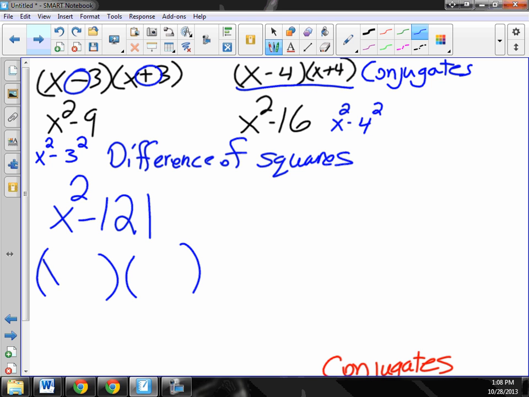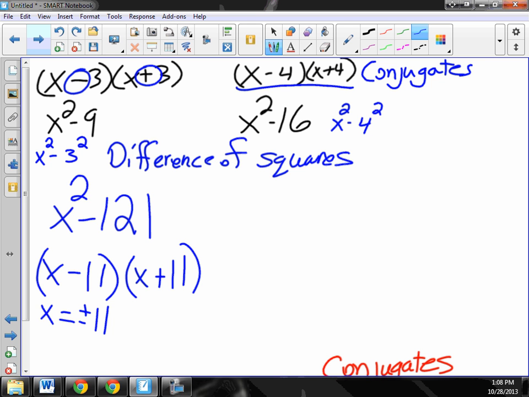So x minus and x plus. Is 121 a perfect square? Yeah, 11 and 11. So my factors are x minus 11, x plus 11. My roots would be 11 and -11, and a lot of times we just get lazy and we say plus or minus 11.